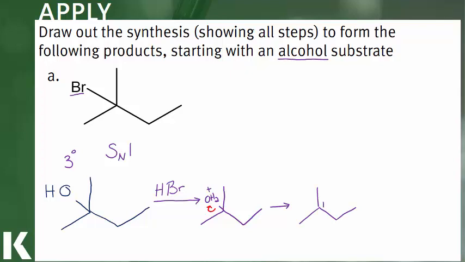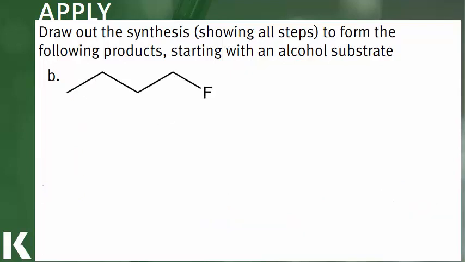Now that we have our carbocation intermediate, the bromine that we have made from bromide will attack our carbocation, and this will give us our final substituted product where we have replaced that alcohol group with a bromine. Now let's take a look at example B.